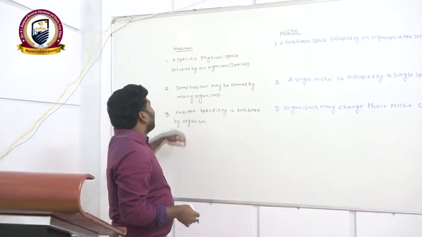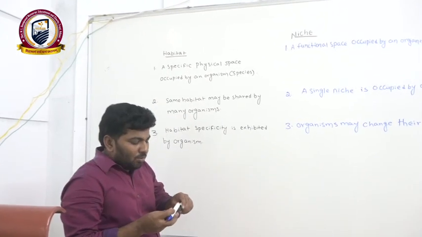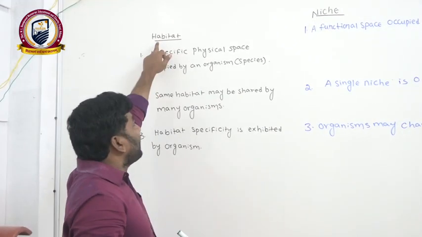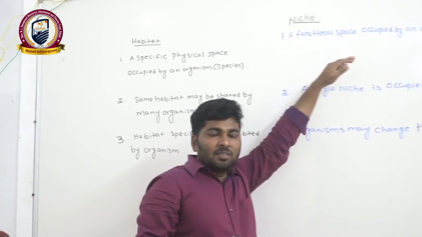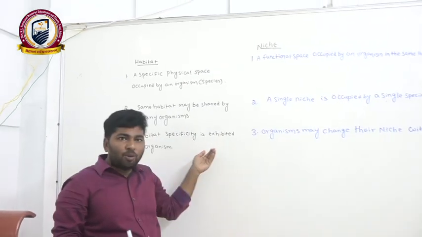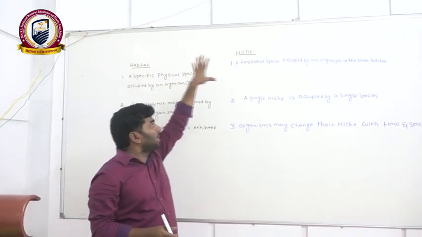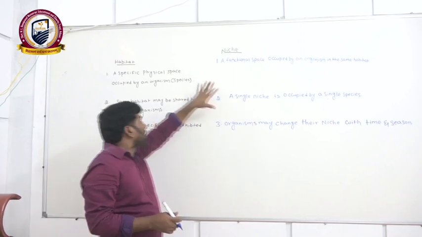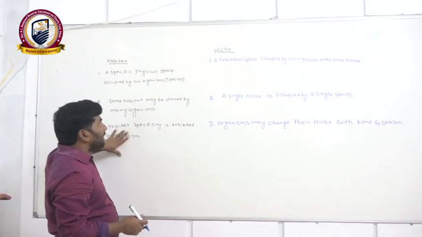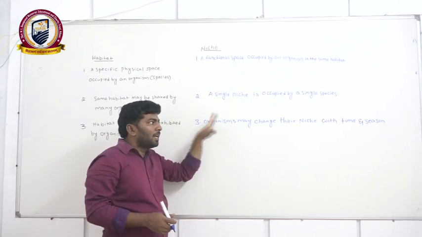Now we will discuss the differences between habitat and niche. Till now we discussed what is habitat and what is niche. Now we'll discuss the differences, then we'll get a clear idea.